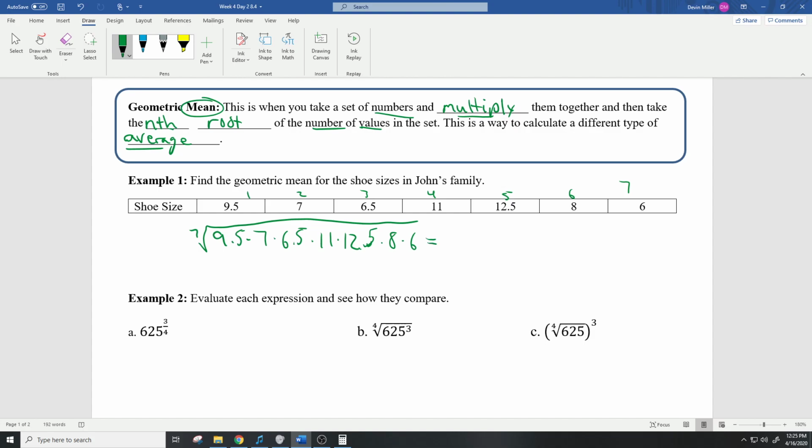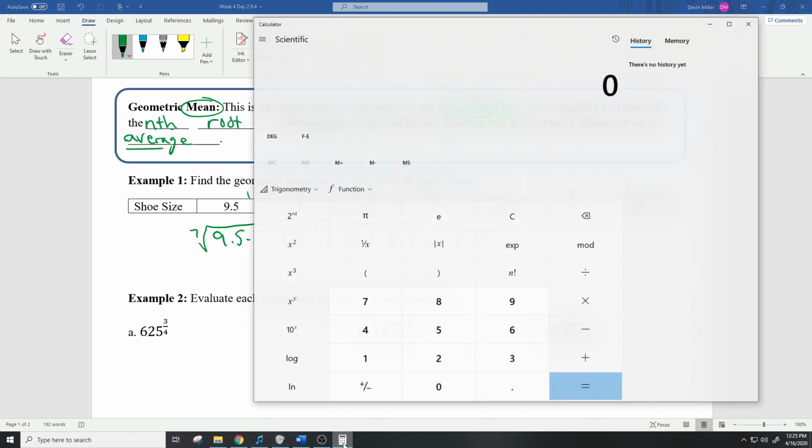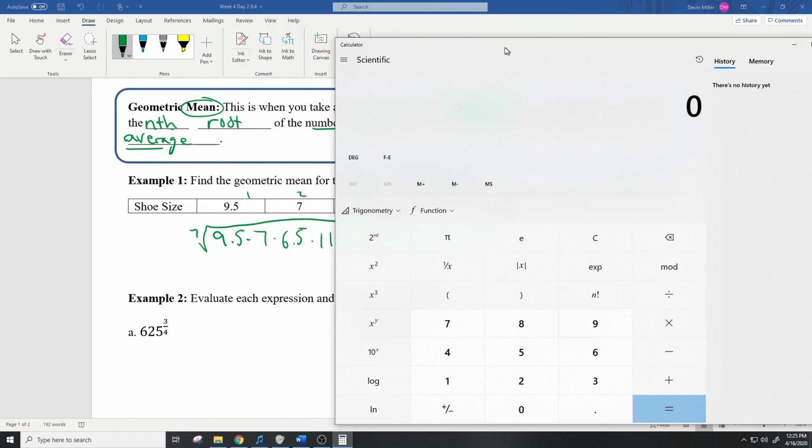What we can do first is multiply all the numbers on the inside first. So it'll be the 7th root of, and you can do this in the calculator. Just bring that up. You're going to get a pretty big number.